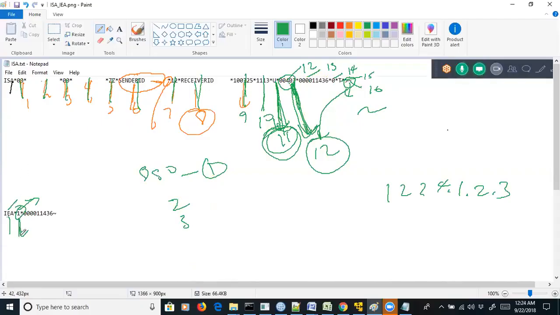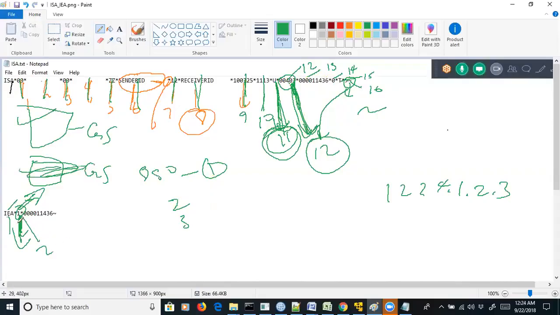This second field tells you how many GS envelopes or functional groups this ISA includes. If you have, suppose, 2 GS, then the value here will be 2. If it has only 1 GS, then the value will be 1.